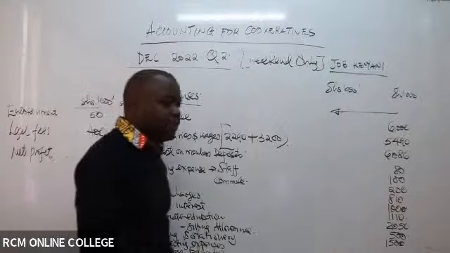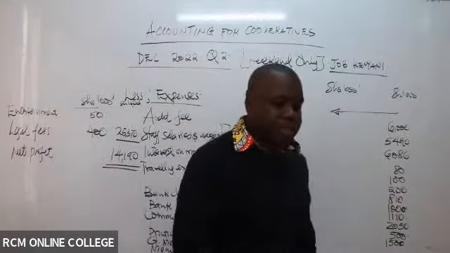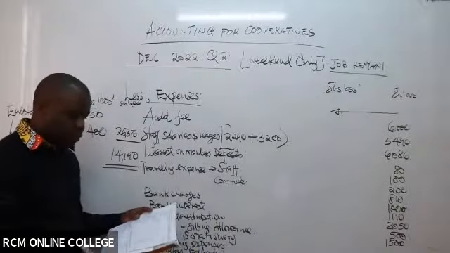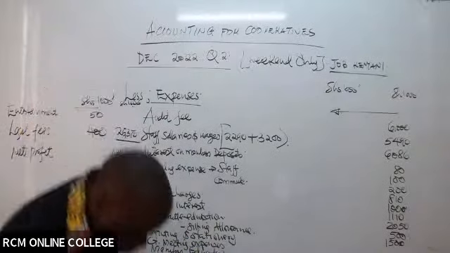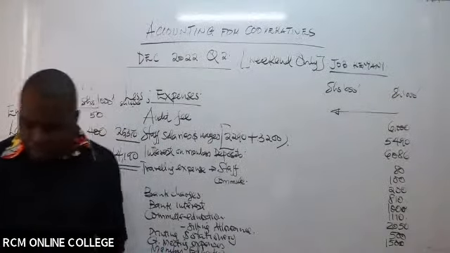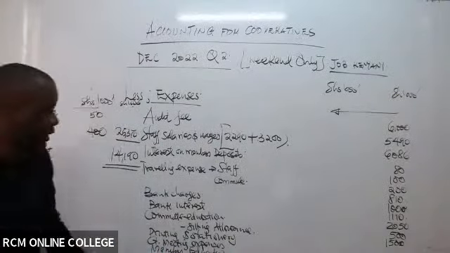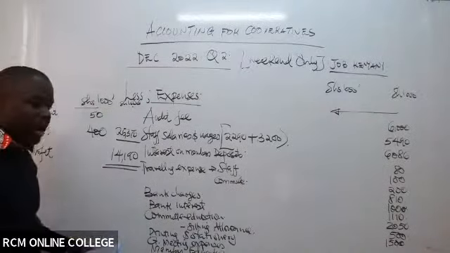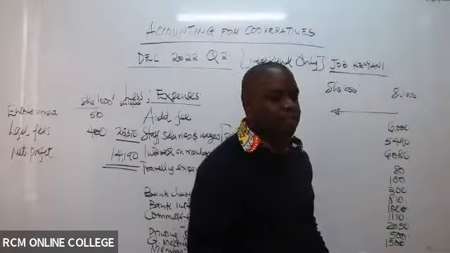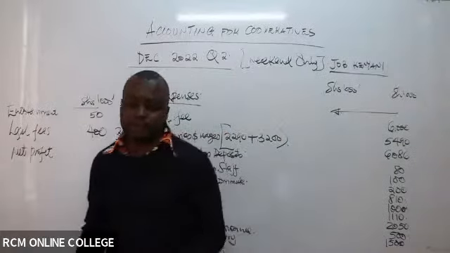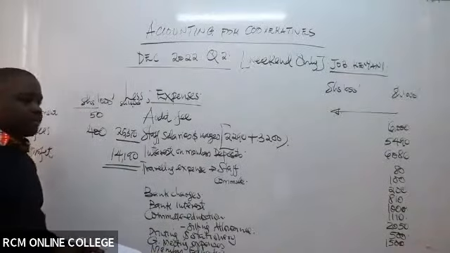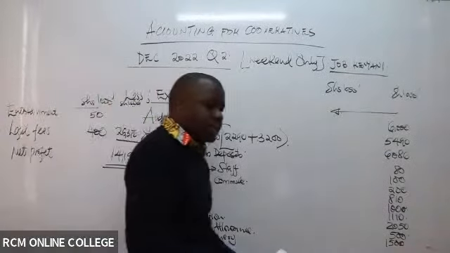You are calling what? An appropriation account. Whereby now, in the appropriation account, you'll be able to take this particular profit realized here and appropriate it, whereby part of these profits could end up being distributed as dividends, or for example, they could transfer them into the statutory reserve.